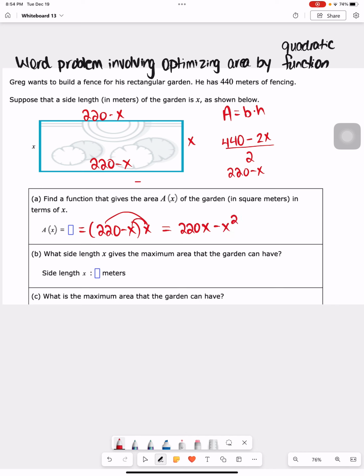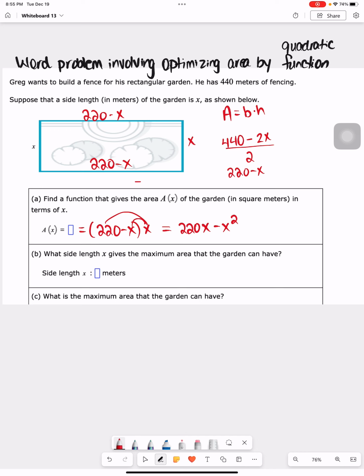Okay. Part B. What side length x gives the maximum area that the garden can have? So once you get to this topic, you've had a number of topics prior to this, and I think one of them relates to finding the vertex, the max and the min.